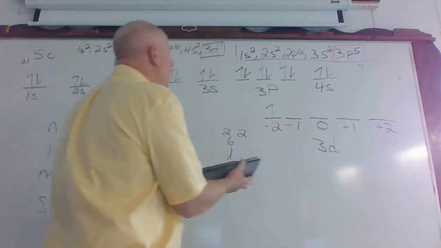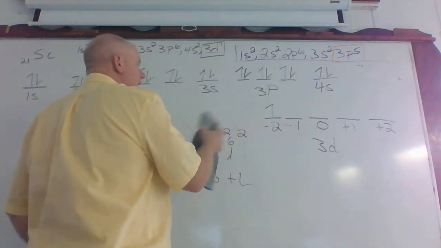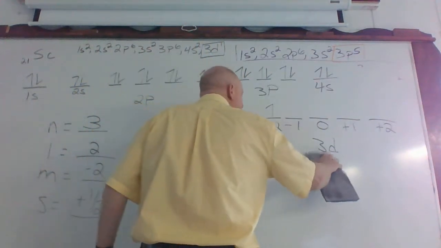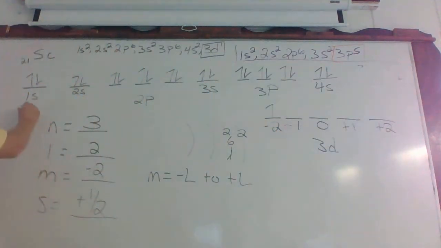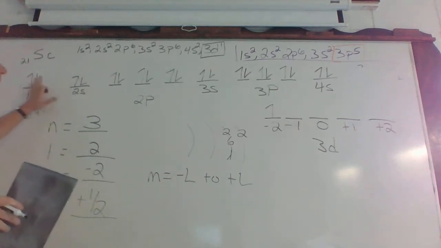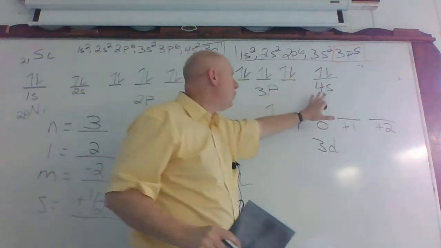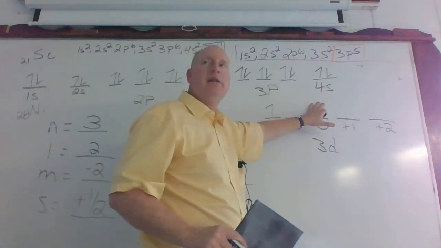Okay? So upon this, here's our 3D block. If we are going to do nickel now, and it's 28, okay, everything up here is still the same until we get to this point.